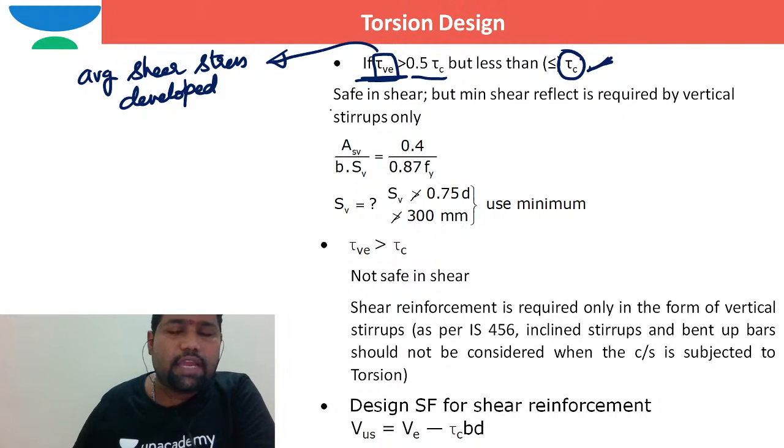In this case, I can say the cross section is safe in shear, but I need to provide minimum shear reinforcement.